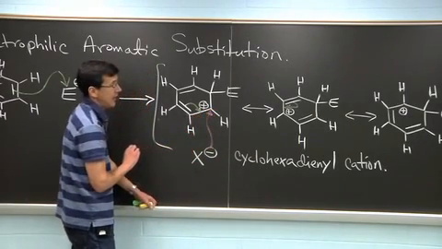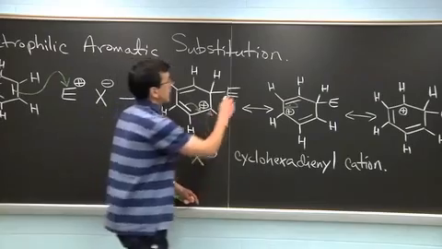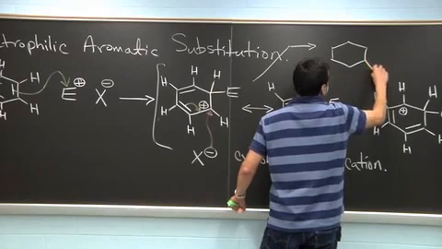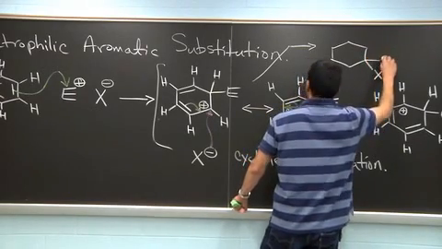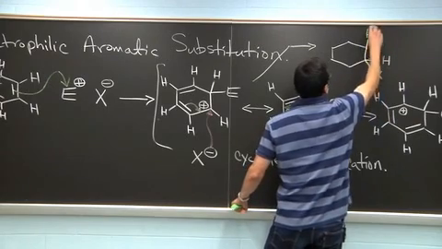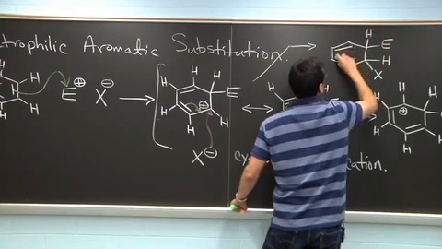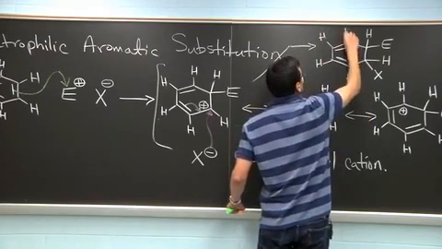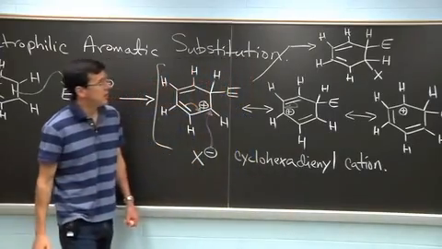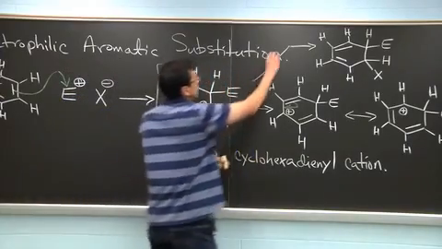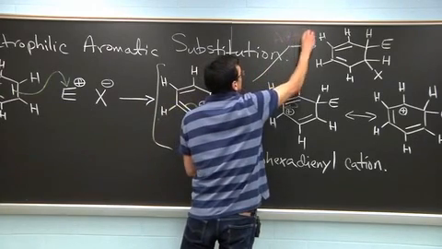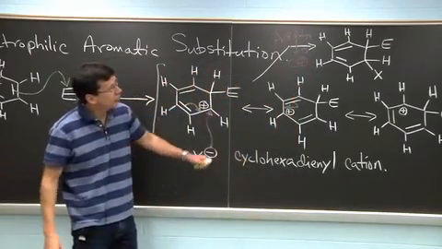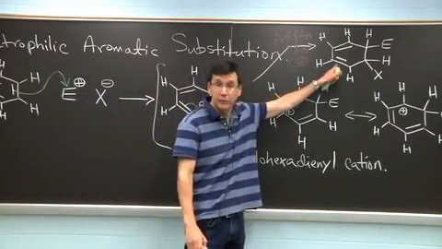And so we could add X minus to the carbocation. So that might be option one. So this would be addition to the carbocation. And so the next question is, if this were to happen, this would be the final product right here.